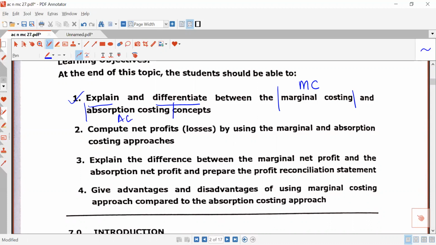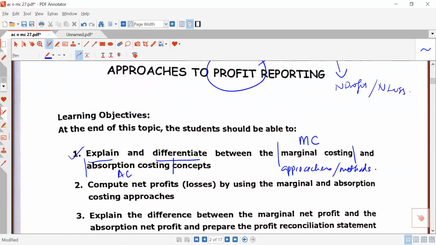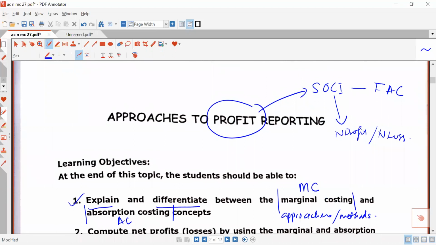Both of these are approaches, or methods, that we can use in preparing our financial report.